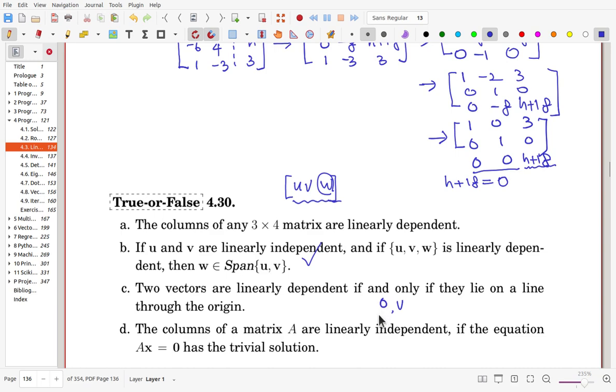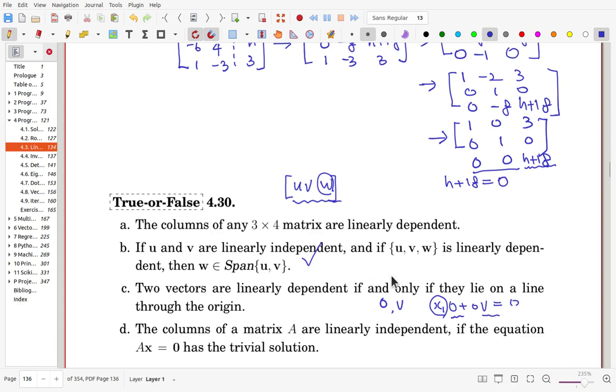Once the 0 vector is there, then for any x1, x1 times 0 plus 0 times v is always 0, so you can choose an arbitrary x1 and the linear combination is 0, so it is linearly dependent.